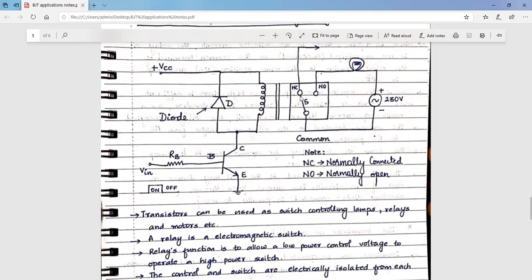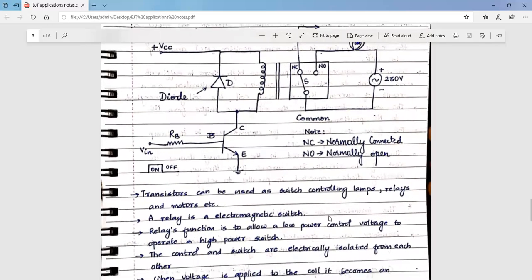This high power switch will operate on the application of a very low power control voltage. Clear? So the relay's function is to allow a low power control voltage to operate a high power switch, and the control and the switch are electrically isolated from each other.